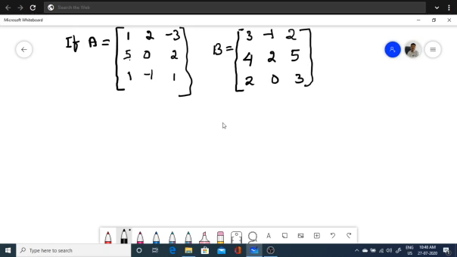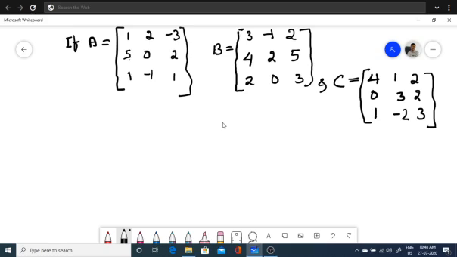And C is a matrix 4, 1, 2, and 0, 3, 2, and 1, -2, 3.